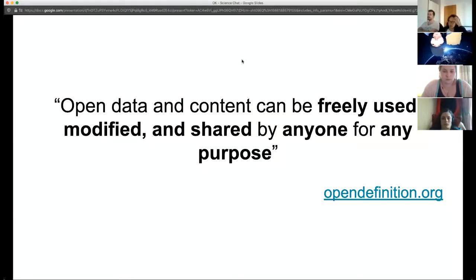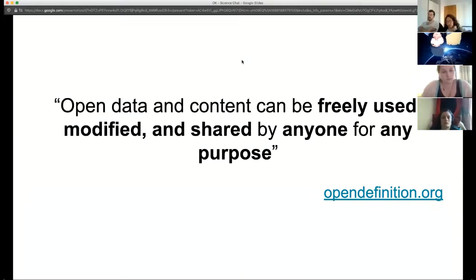So this is the open definition. The open definition was a project of the Open Knowledge Foundation in the early 2000s. And all this world of openness has a common root in open source software, and earlier in the Free Software Foundation and Richard Stallman and the GNU project.